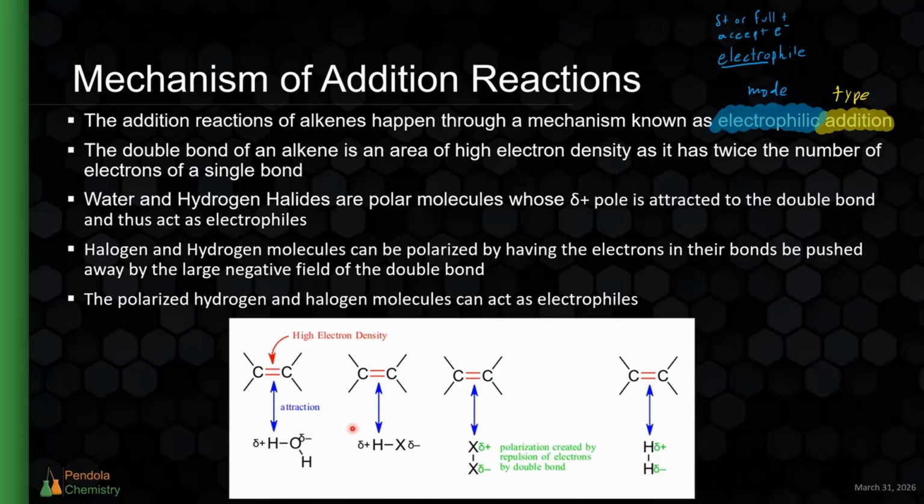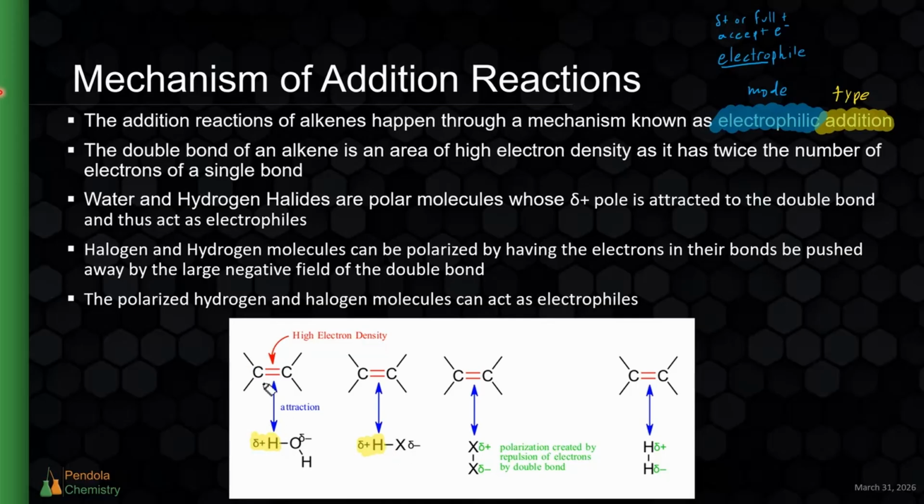This can be explained the easiest with the hydrogen halides and with steam. Both hydrogen halides and steam are polar molecules. So hydrogen halides and steam both have a partial positive section. In the case of steam, the hydrogen is partially positive, and in the case of hydrogen halides as well, the hydrogen is partially positive because the bonds to hydrogen are polarized.